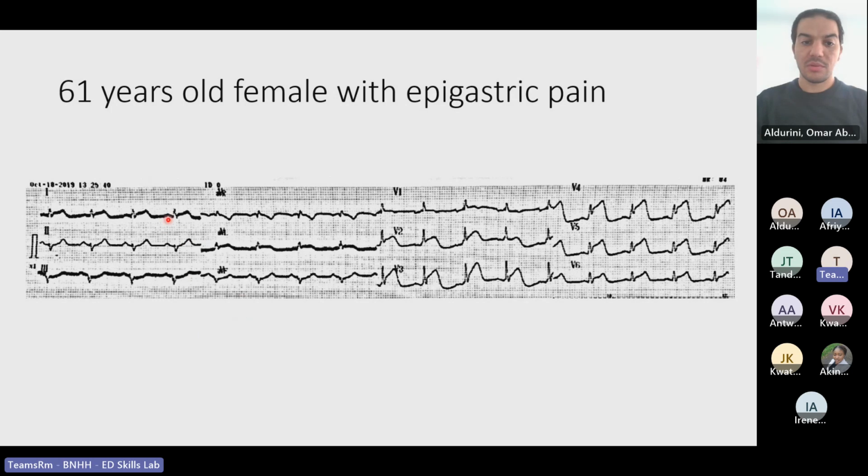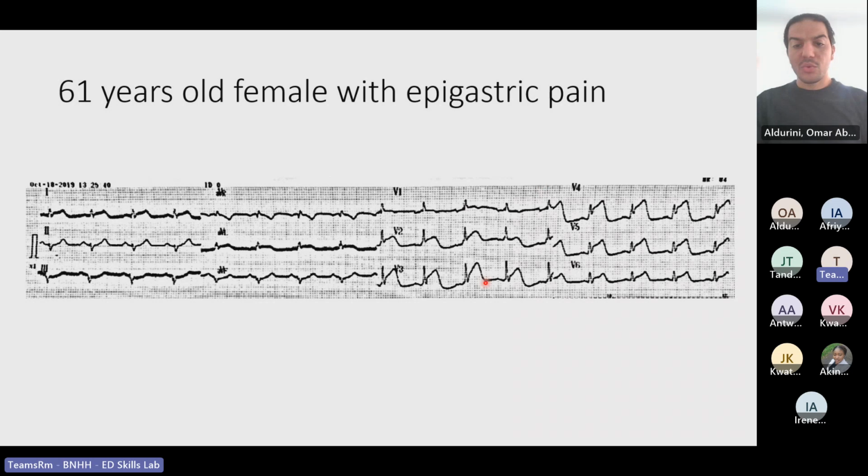Let me take the point. Okay, this is the baseline, and the J point is slightly elevated here in lead 1 and lead AVL as well. You can notice that it's a little bit elevated. Okay, given that the amplitude is small, this is a significant change as well.